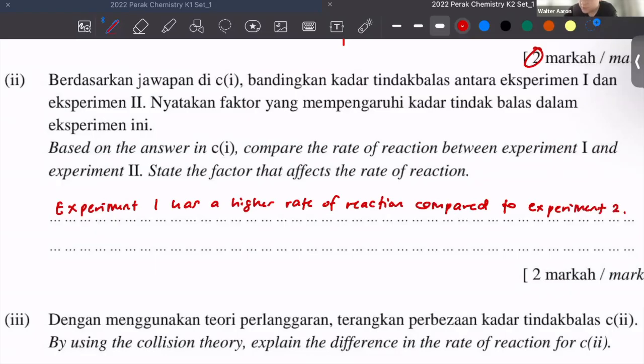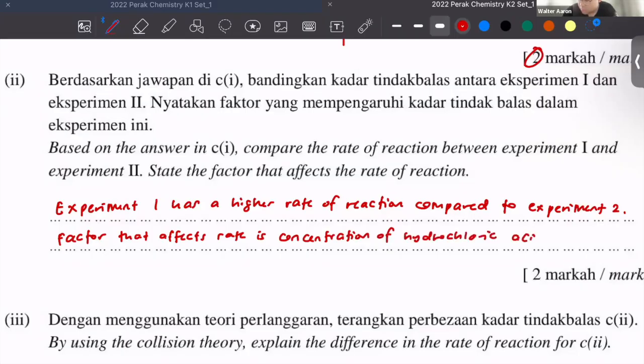Then after that, you can just say that the factor that affects rate is concentration of acid. There you go, done. So 2 marks in total over there. So that is the answer.